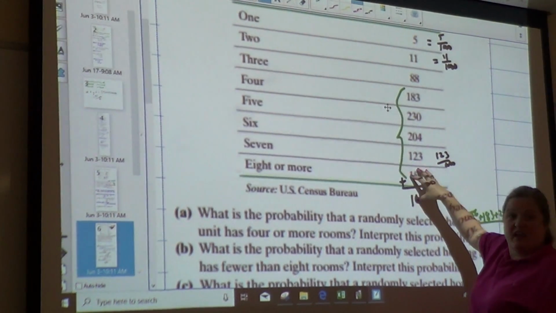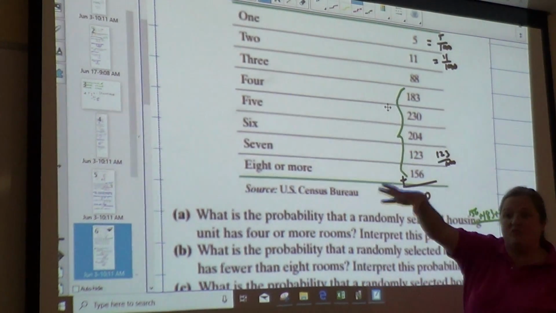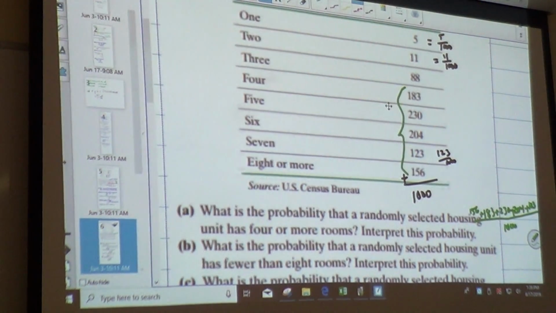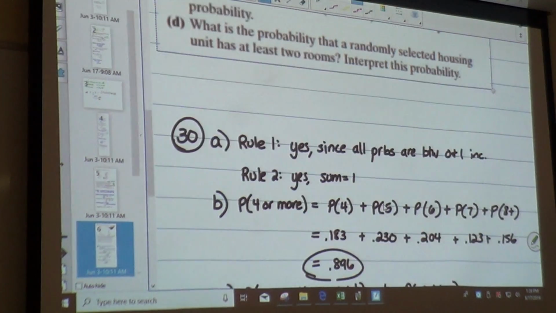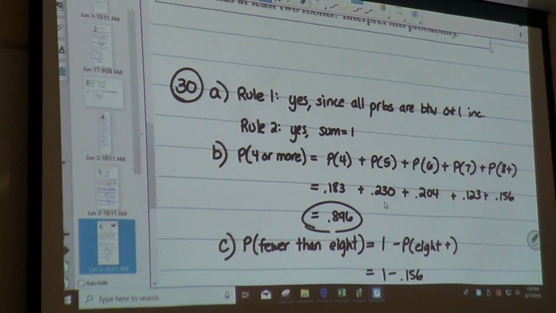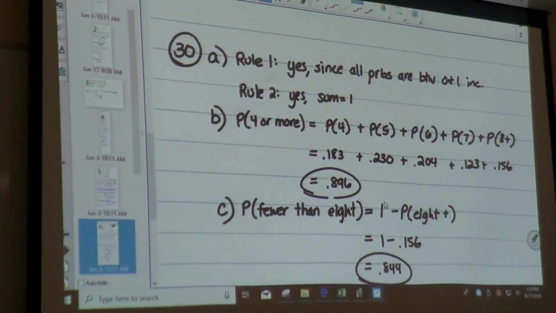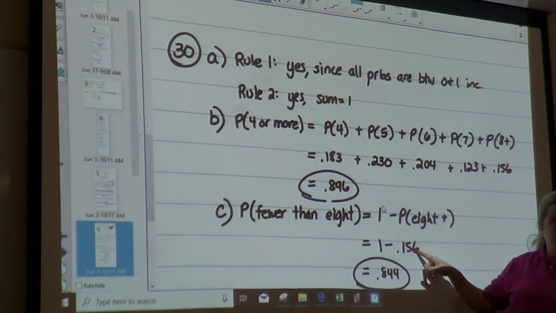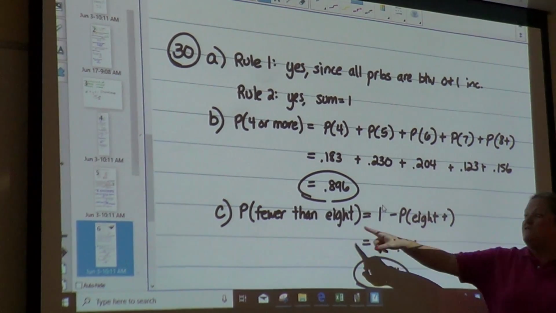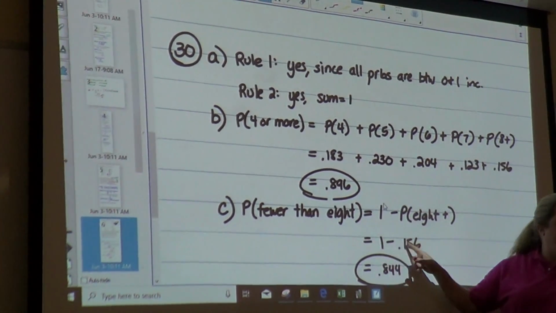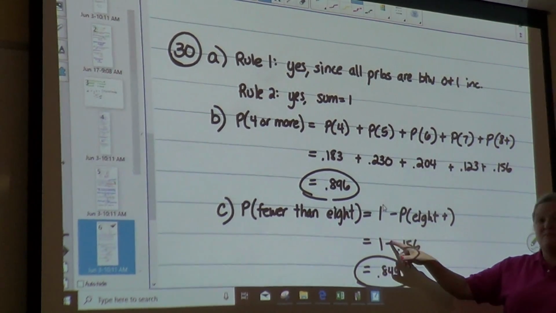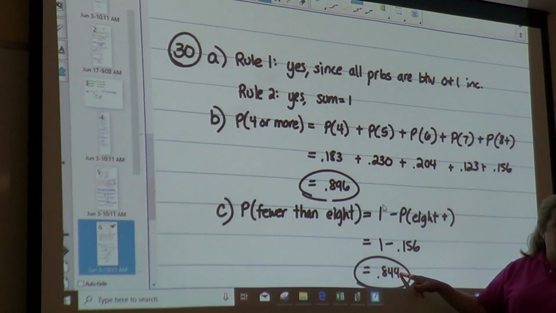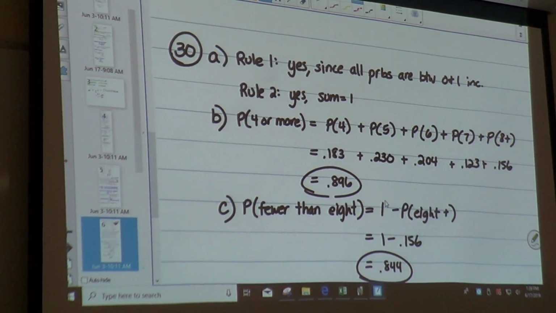Because if you know these are 8 or more, everything else is going to be fewer than. So to get the complement, if you knew that 8 or more is 156 over 1,000, or 0.156, fewer is going to be everything else, or the complement. So I did 1 minus that probability. Make sense? That's the everything else.